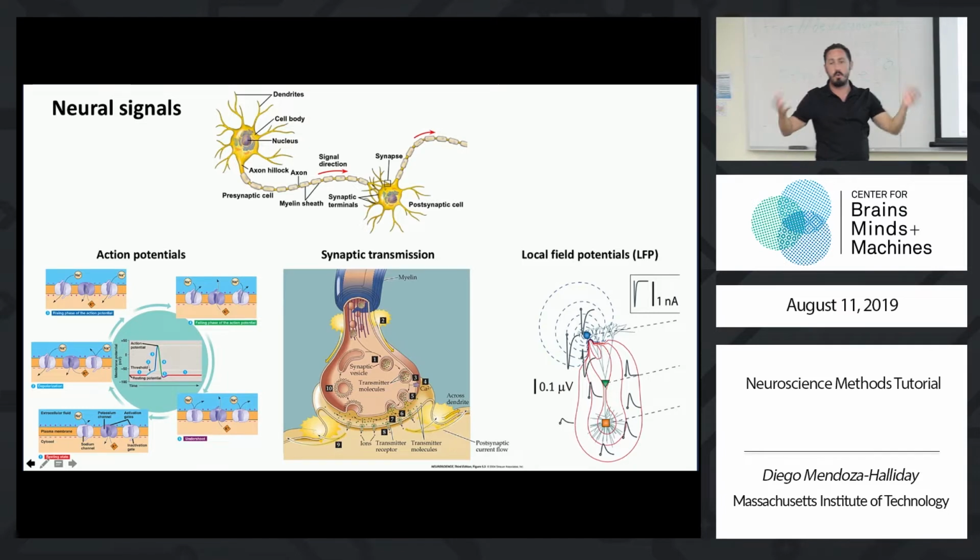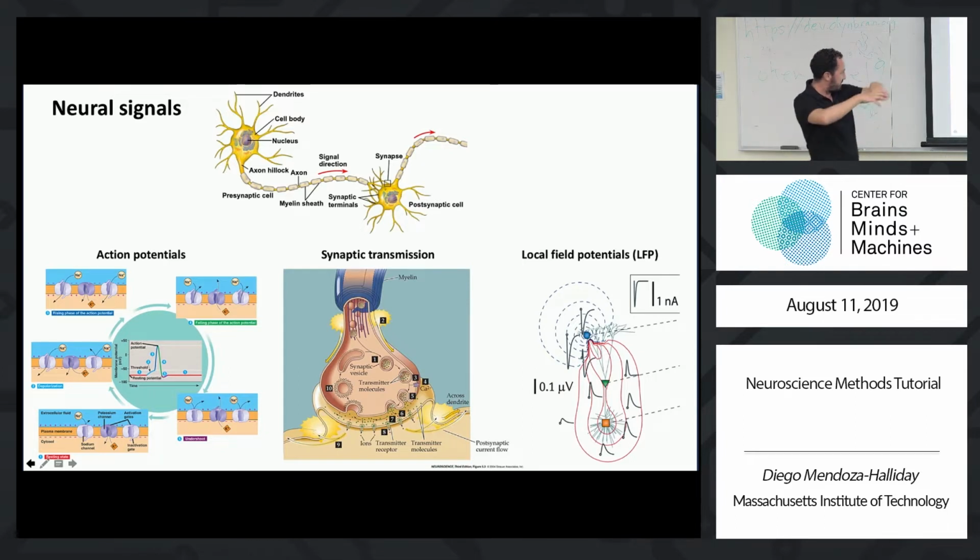These then flow and, in a complex mechanism, join together to cause fluctuations in the overall potential of that postsynaptic cell, which might cross a threshold and spike again, right? That's in a nutshell the whole process, and I won't go into more detail because we don't have time.